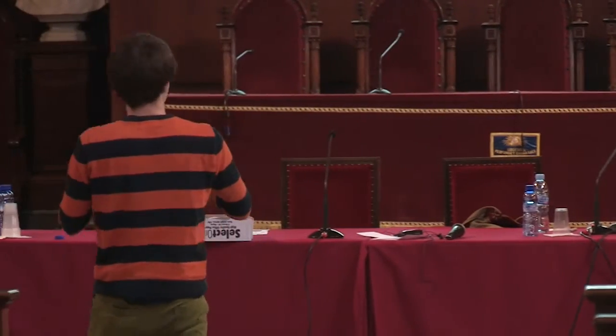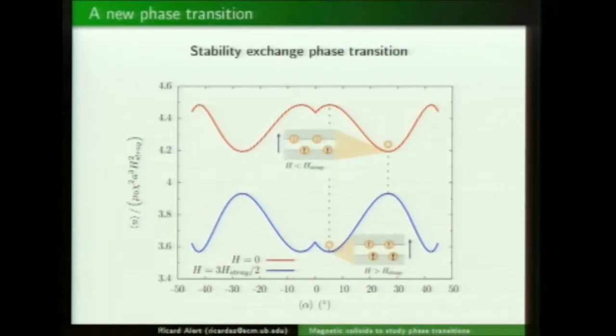And I just want to show one of the results that we have obtained in our lab. Let us tune the interaction with an external magnetic field and see what happens. So imagine that without magnetic field, the energetic landscape of the system is the red curve, okay? And I have just put a particle in the minimum of this energetic landscape, so that this would be the stable phase of the system, okay?